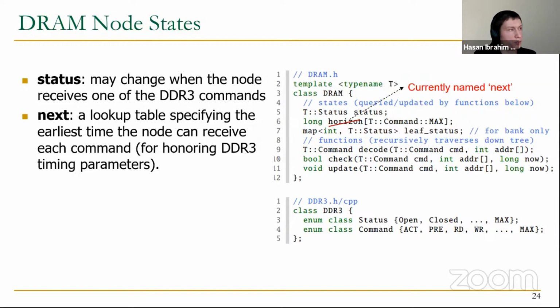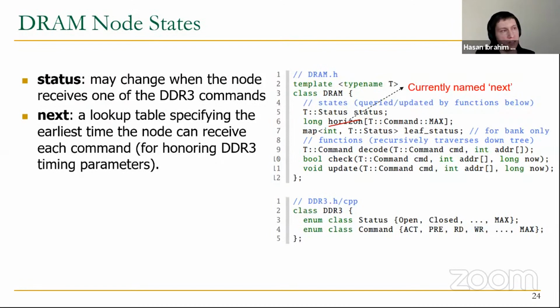The memory controller has to respect some specific timings between those DRAM commands, right? After issuing an activate command, the memory controller may not be able to issue a read command in the next cycle, because activation takes some time, and the memory controller has to respect those timings.